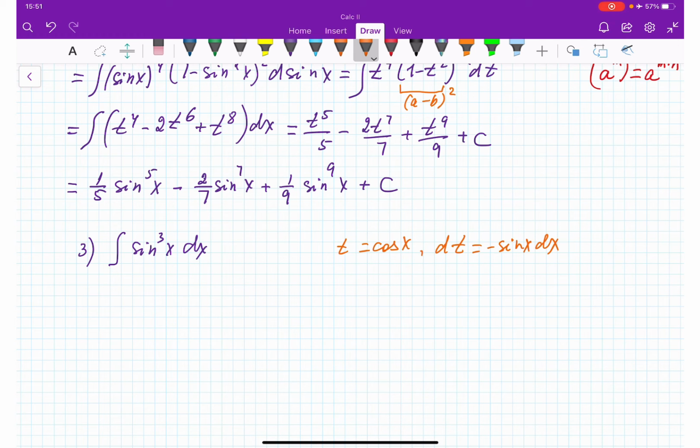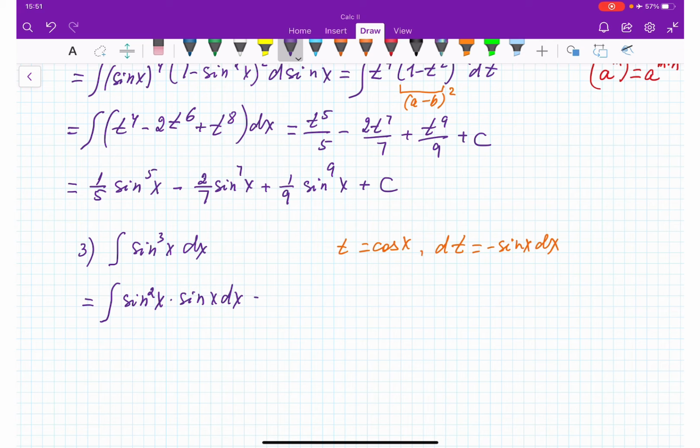Yes? Okay. Because derivative cosine is negative sine. So we are getting integral sin squared x times sin x, right? Cube breaking down 2 and 1.